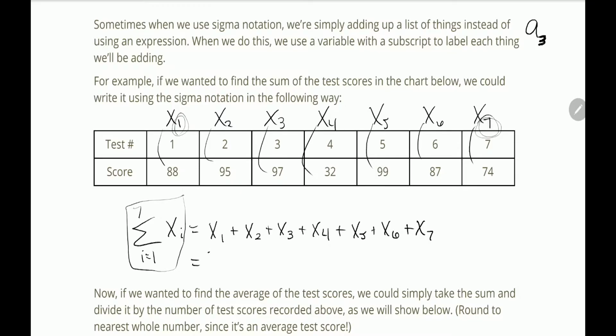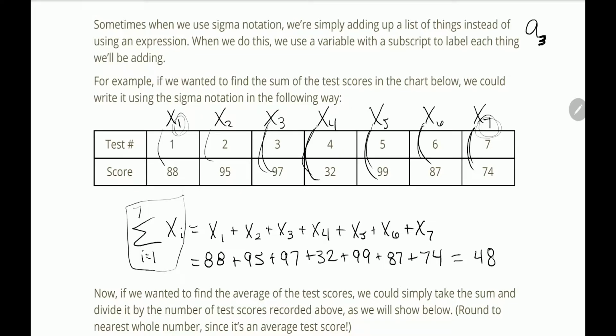Then if we replace these, x1 we said was 88, x2 was 95, x3 was 97, x4 was 32, x5 was 99, x6 was 87, and x7 was 74. If we add all these together, we get 485.